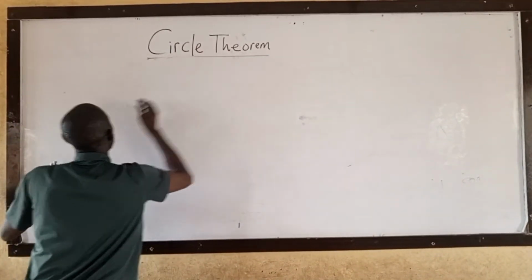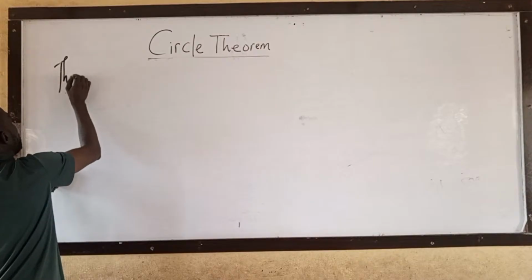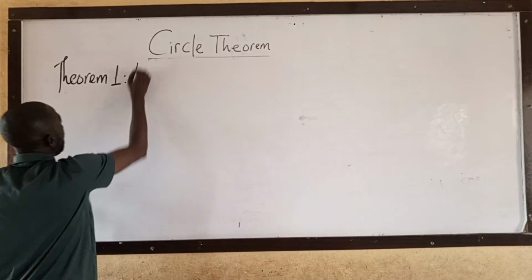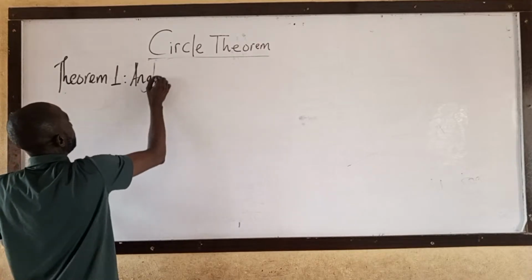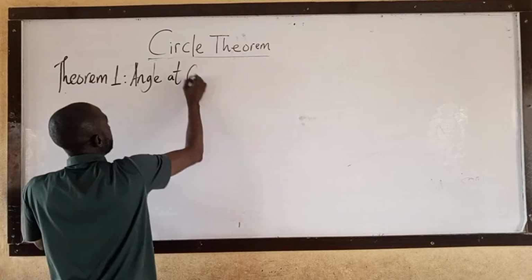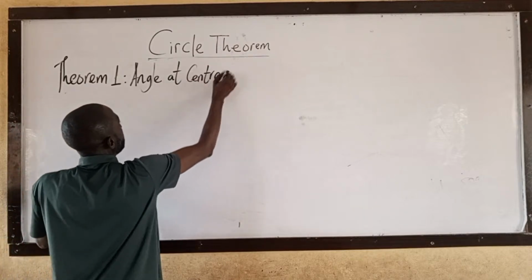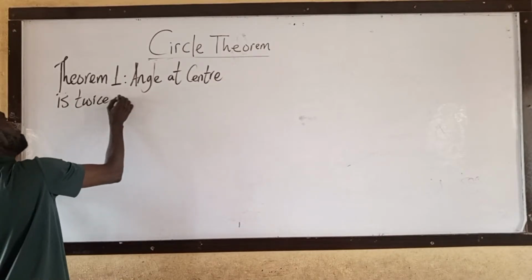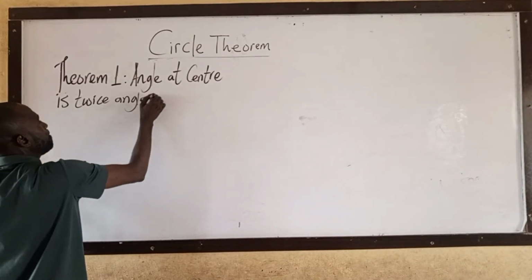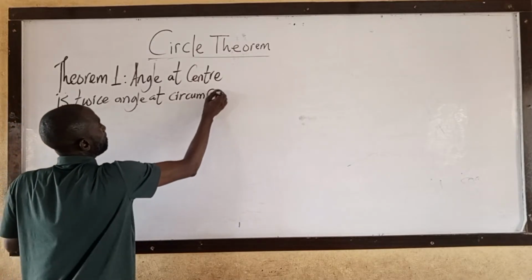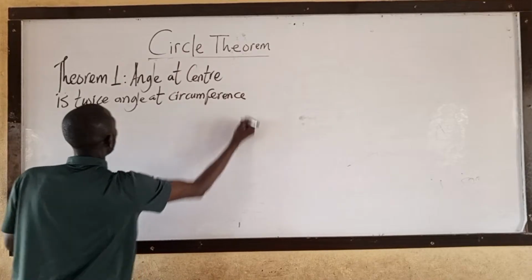Theorem 1. Angle at center is twice angle at circumference. Okay? That's the first theorem.